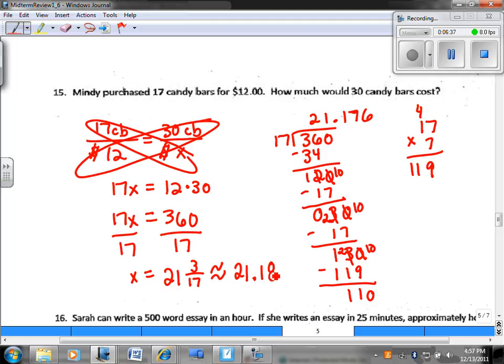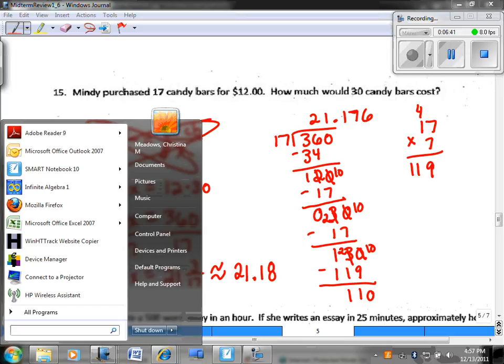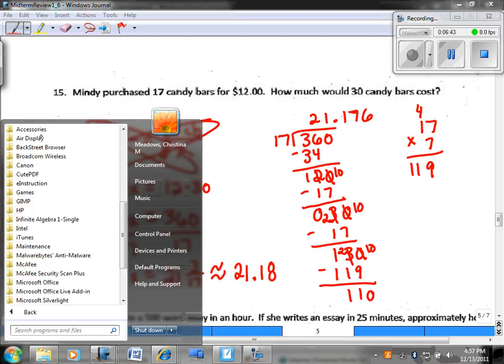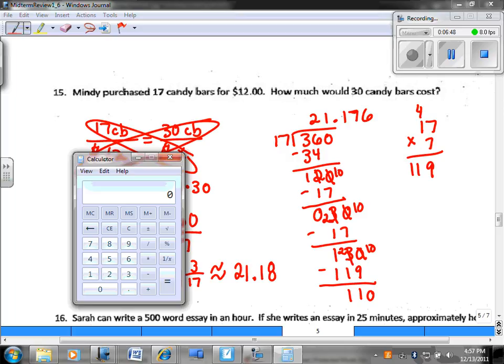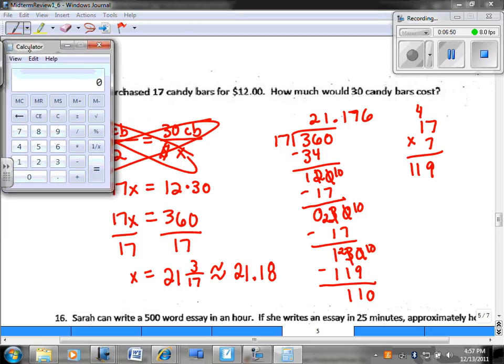We could have done that on our calculator. So we could have said 12 times 30 is 360 divided by 17 is equal to 21.176 to check our answer here. I'd pay $21.18 for those candy bars.